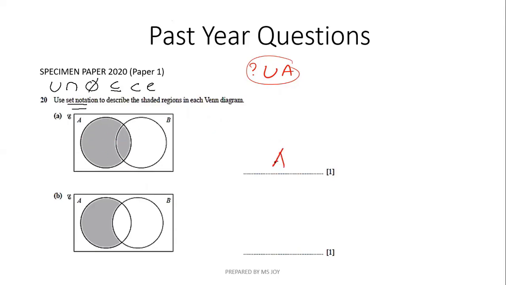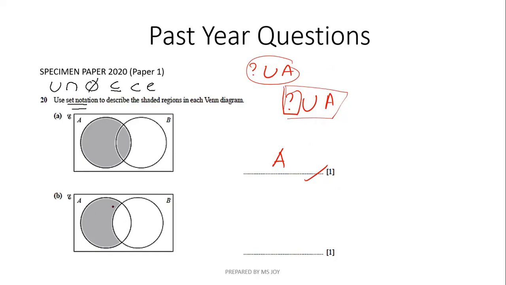You just need to put A. That's all. For A, the answer is A. Trust me, it's just A. Because if you put any symbol, let's say union, what is unioning A? The symbol is just hanging like that. So it must be answered correctly.